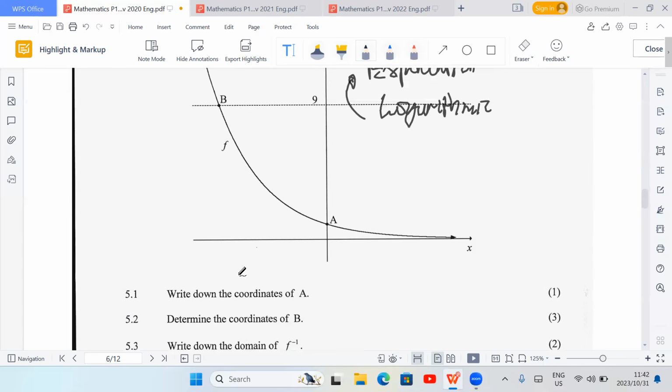Then also expect questions on domain and range here. They will obviously ask you questions on domain and range. Know the relationship between the domain and range of the exponential and logarithmic graph.